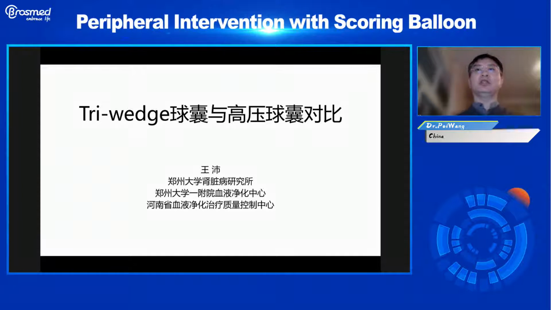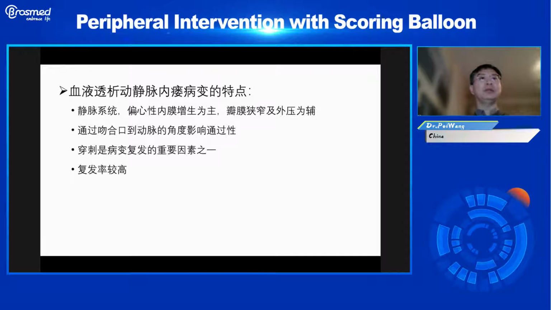I'm from Zhengzhou, located in the central part of China. It's a province with a larger population, and Zhengzhou is the capital of this province. So today's topic is the comparison between tri-wedge balloon and high pressure balloon.